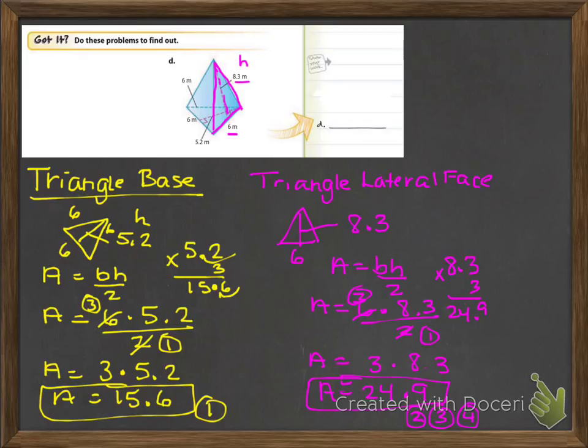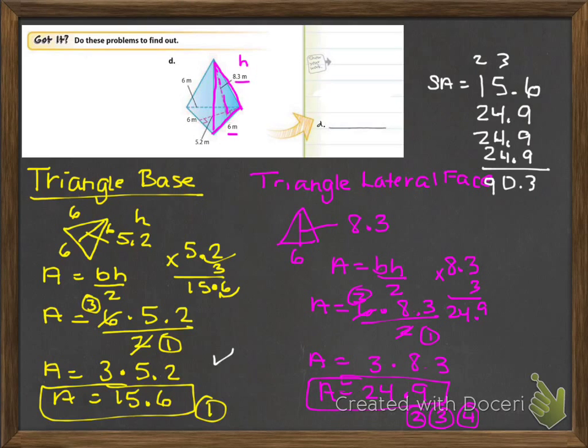Now we're going to find the surface area by adding those up. I added 15.6 because that was the area of my triangular base, and then we're going to add 24.9 three times.